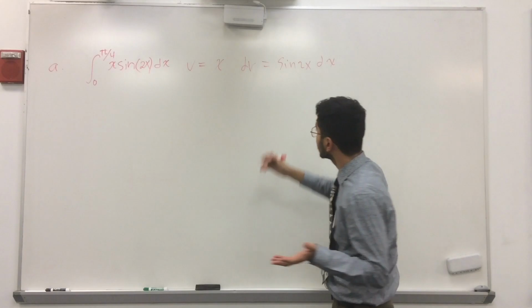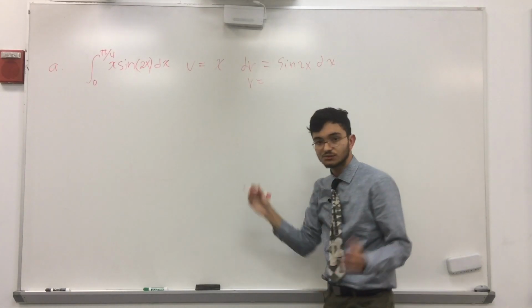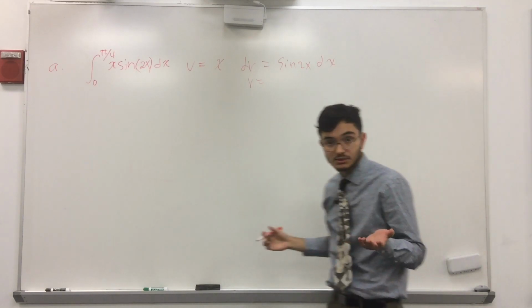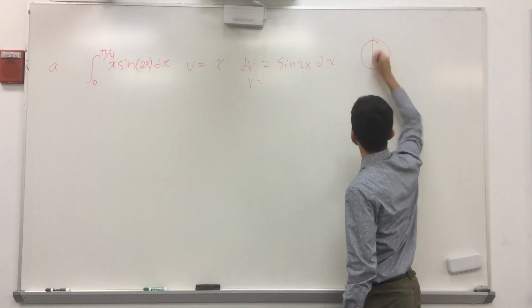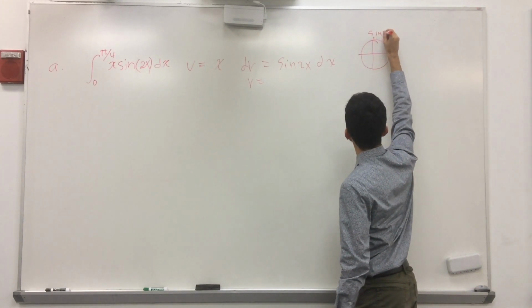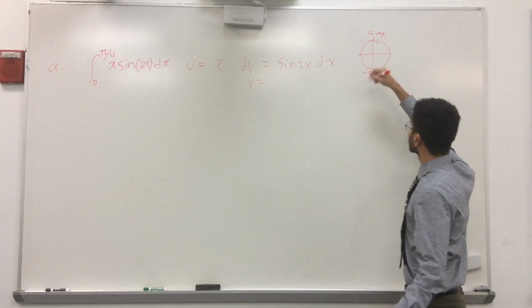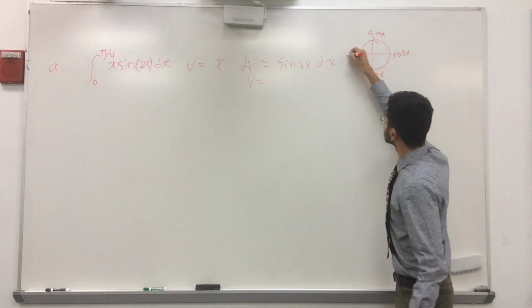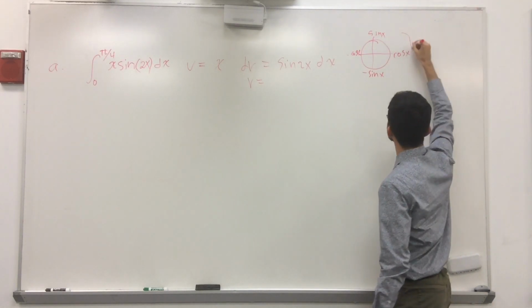And so if we integrate dv, we get that v is equal to the integral of sine of 2x dx. And what's the integral of sine? Well, if you remember the unit circle trick, we have sine x over here, negative sine x over here, cosine x, and negative cosine x. If we differentiate, we move clockwise in this direction.